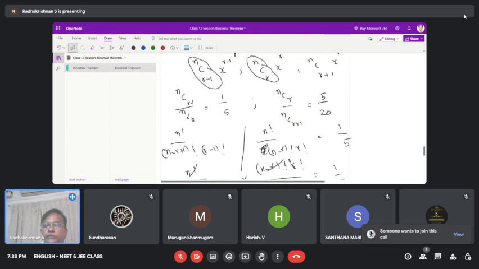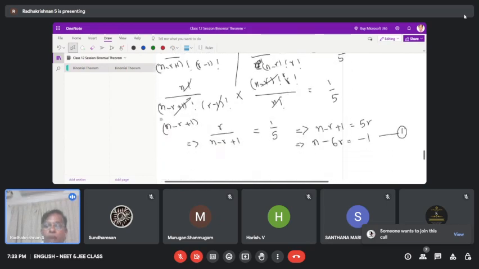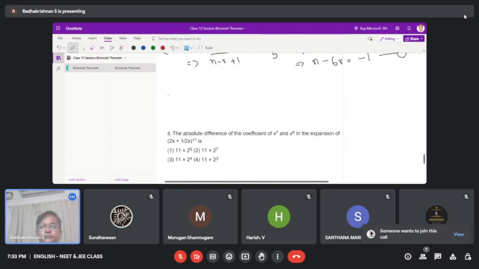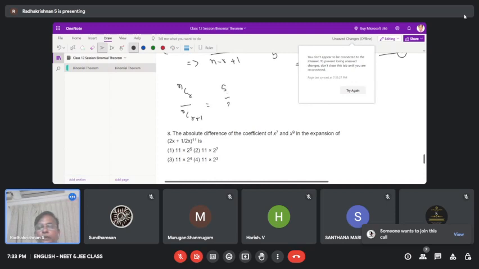So what is the next one? nCr by nC(r+1) equal to 5 by 20.